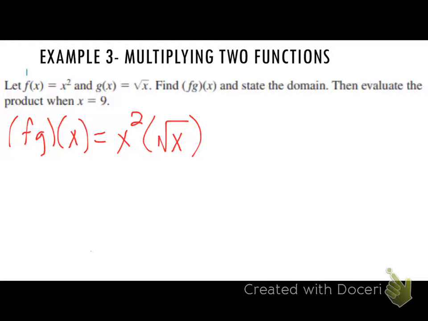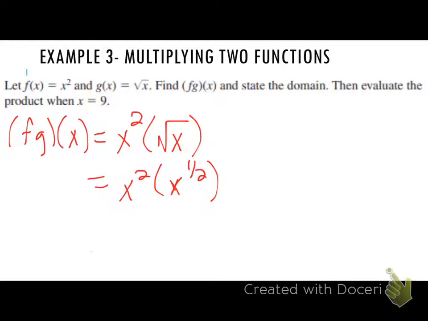Not 1 over x. X to the 1/2 power. Remember, if I have a radical, I can write that with an exponent. And if I have the square root of x, that's x to the 1/2 power.